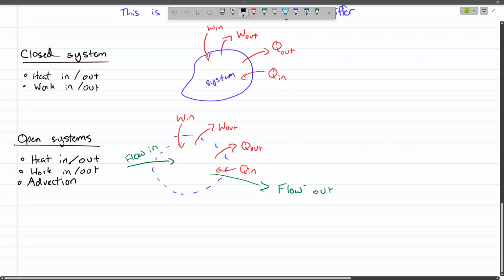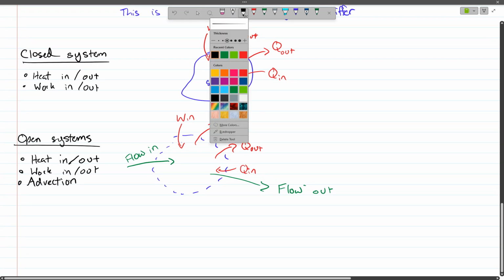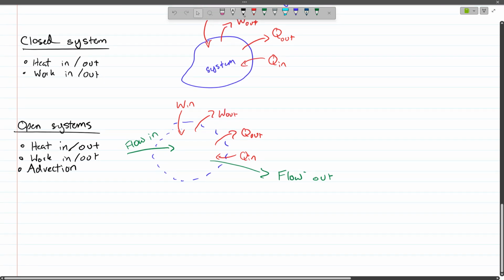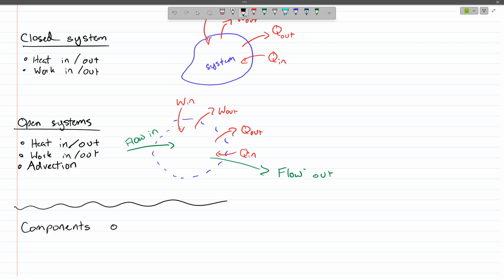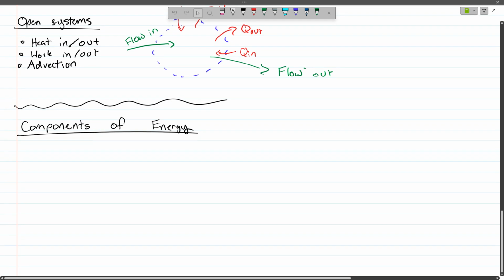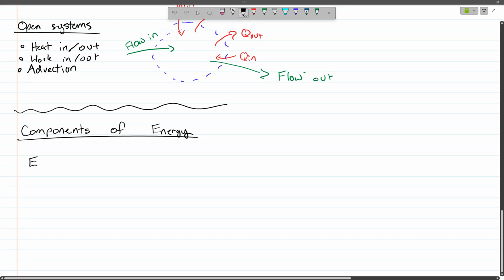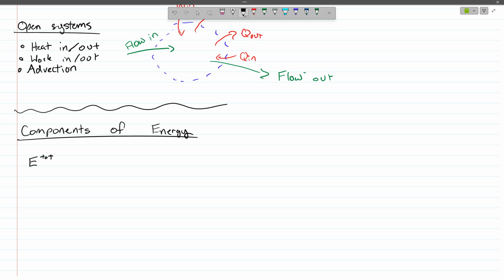Now, I've also mentioned this idea of total energy, or I've subscripted stuff as E-TOT.